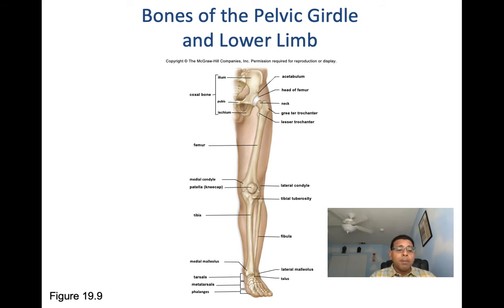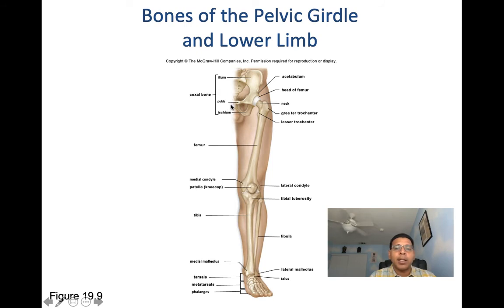Now the 2 pubic bones are joined together by a fibrocartilage disc at the pubic symphysis.